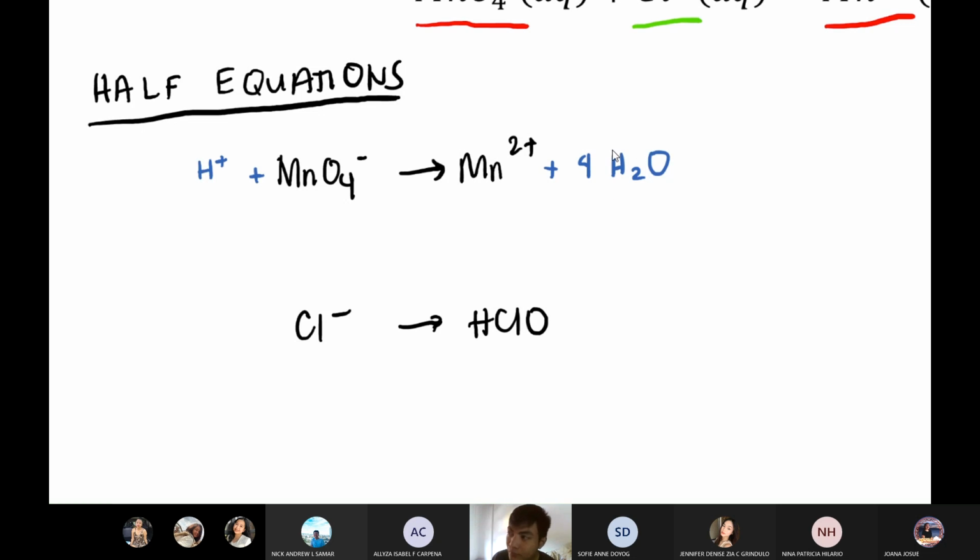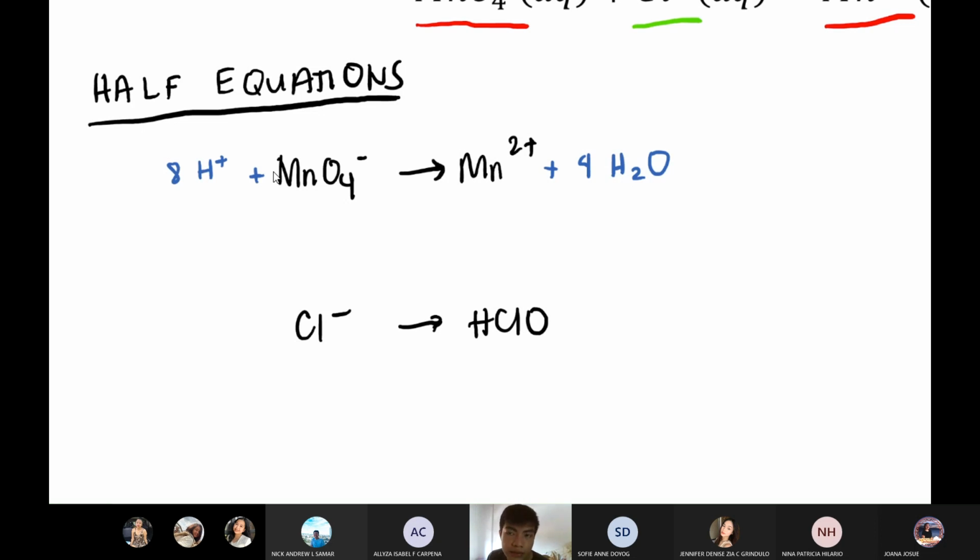Ayun. So, since may 4 na tayong H2O, balance na yung oxygen. 4 na oxygen dito, 4 din oxygen doon. Ano yung hindi balance naman? Hydrogens. So, dito, we have 4 times 2, 8 hydrogen. Sa right side, wala. So, I need to add 8 H plus to balance them.